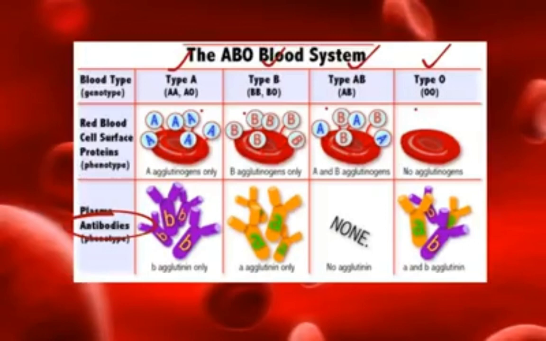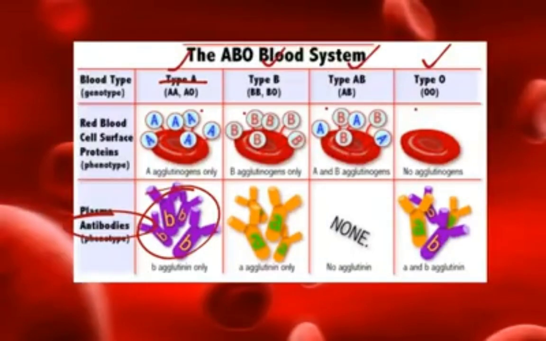So if you are a person with type A blood and you are given, say, in a blood transfusion, maybe you were in a car accident or you had a surgery and you lost a lot of blood, if they were to accidentally give you type B blood, then the B antibodies in your body would begin to fight that off, and you would not recognize that B blood, and it could make you very sick.